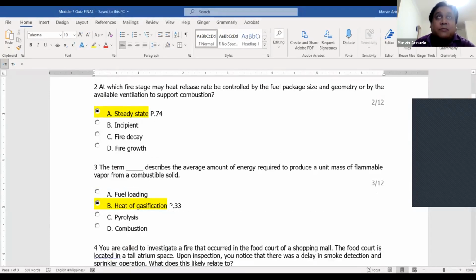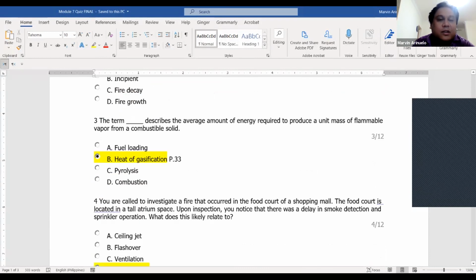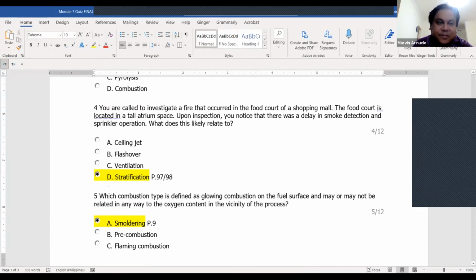This is the hottest phase. The term heat of gasification describes the average amount of energy required to produce a unit of mass of flammable vapor from a combustible solid, page 33.